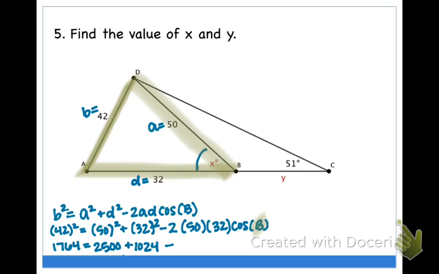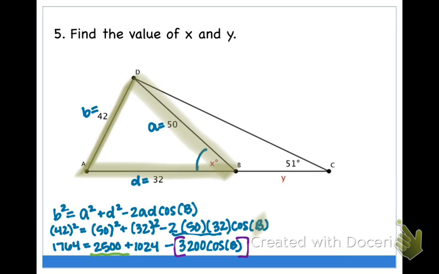1024 minus, and I am going to multiply this 2 times 50 times 32, and that's going to give me 3,200. But that is times cosine of B, so I'm going to put my big purple box around that, because that's not going to get broken up until almost the very last step. But what I can do is combine all my other numbers.